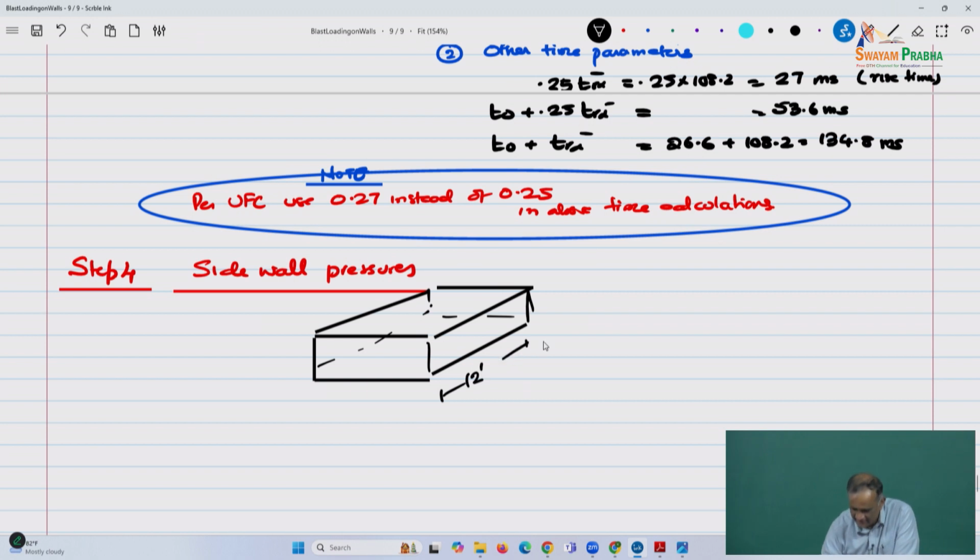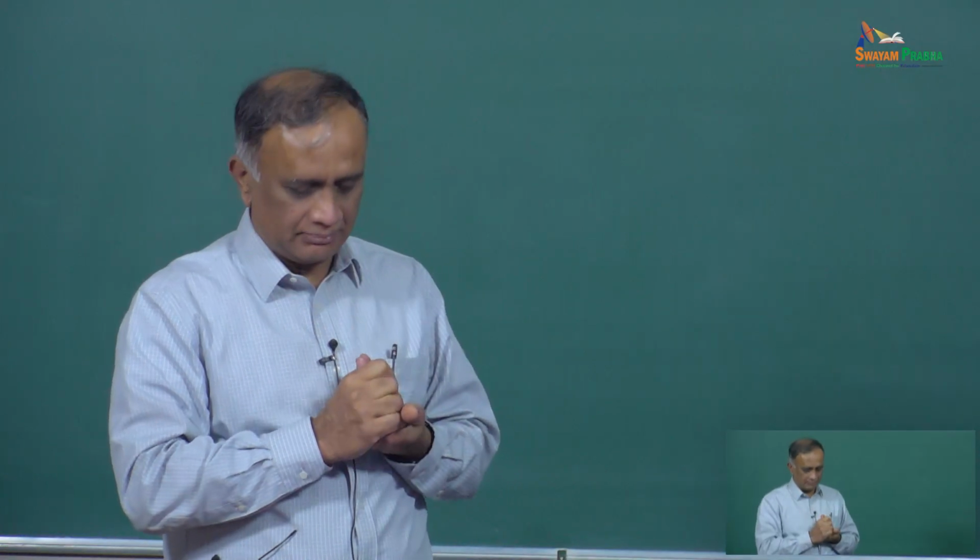So this is 12 feet, and I'm considering a sidewall, the first half of the sidewall of 6 feet. It also depends on your structure, right? If you have columns, you can consider the first panel and then use that.